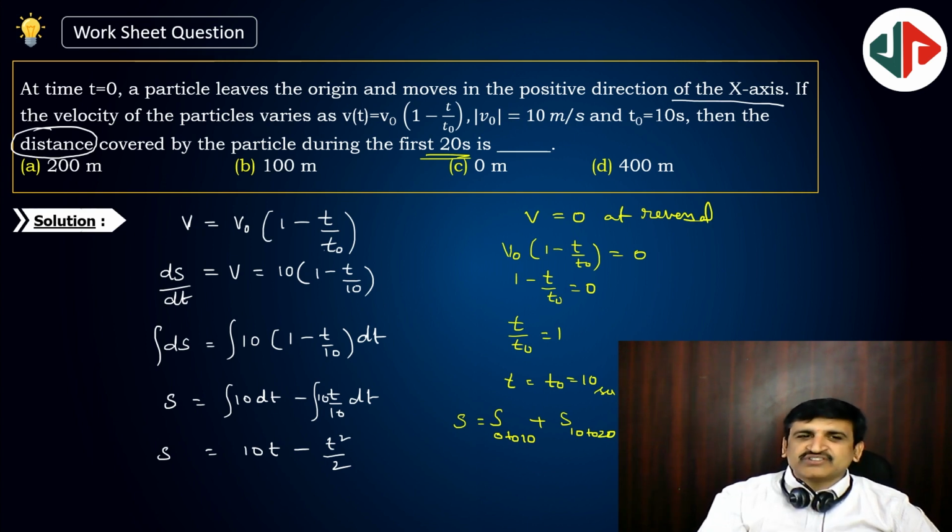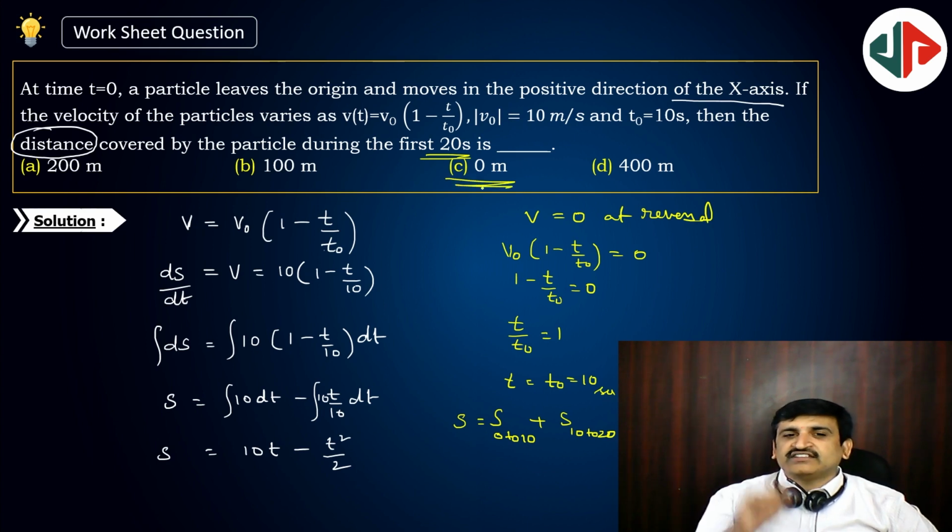Whenever 0 is the option, you need to think about the question again. Whenever you notice 0, or all the above, or both A and B, such options in the examination, you need to think twice before selecting them. They may be answers, they may not be answers, but they will give you a warning: read the question again.